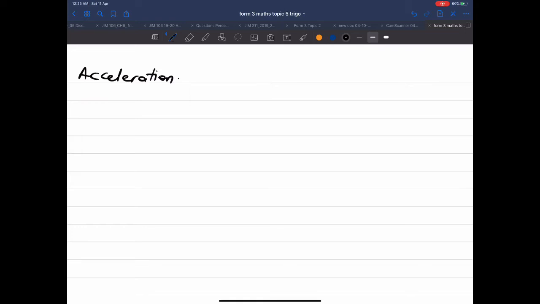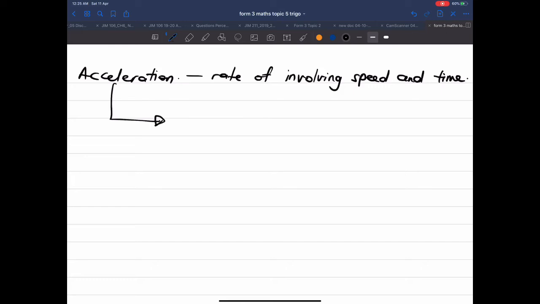So what is acceleration? Rate of change involving speed and time. Okay, so from here we'll get a formula.